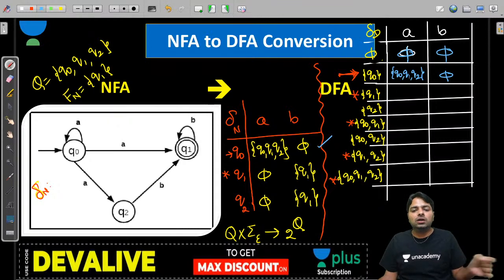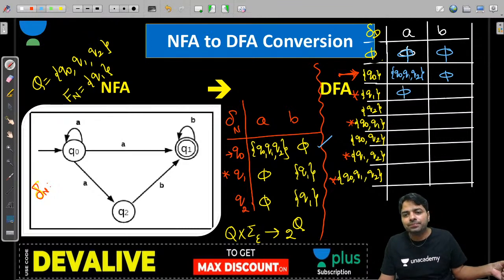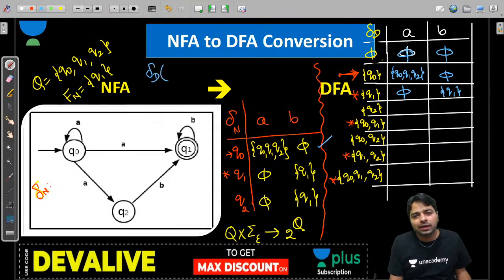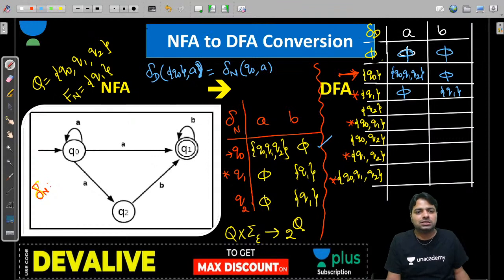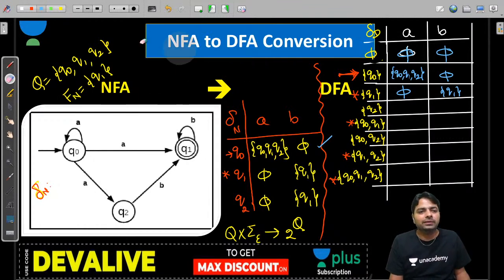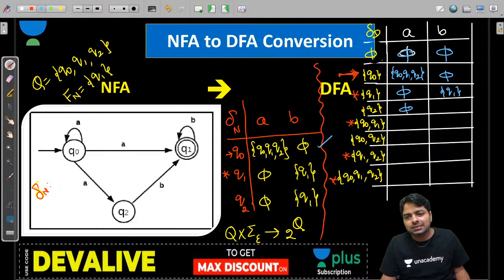And now Q1, copy the Q1 row as it is. It's just like delta D of Q0 comma A means delta N of Q0 comma A. Copy paste. Now Q2 is also copy the row as it is.